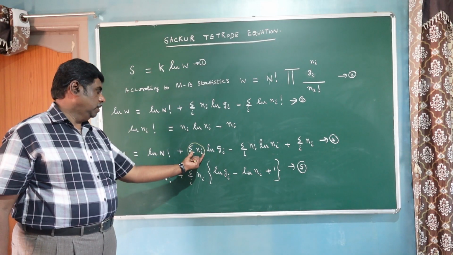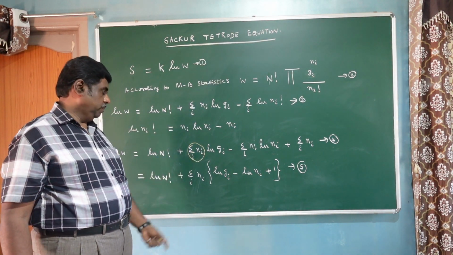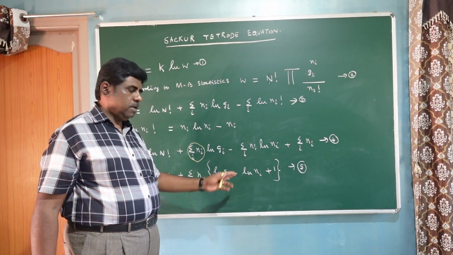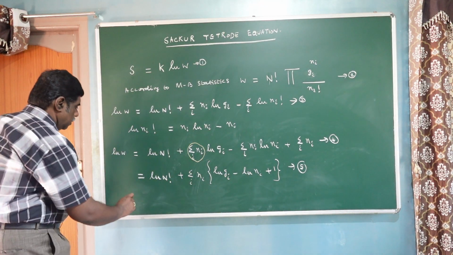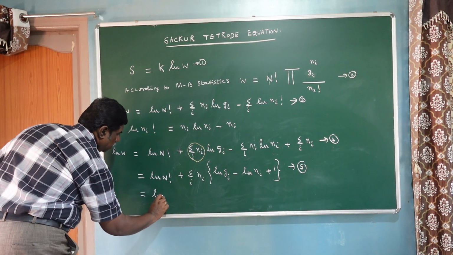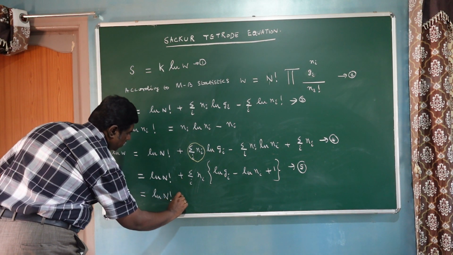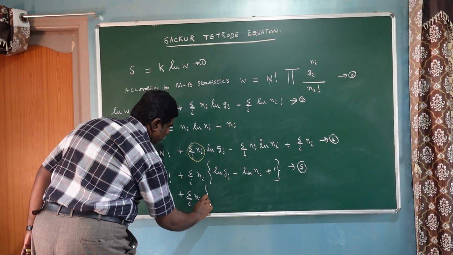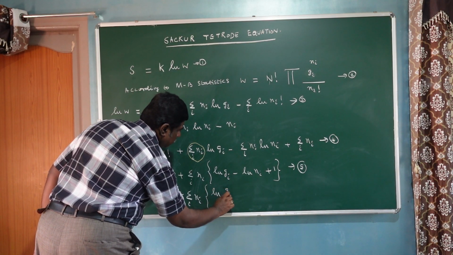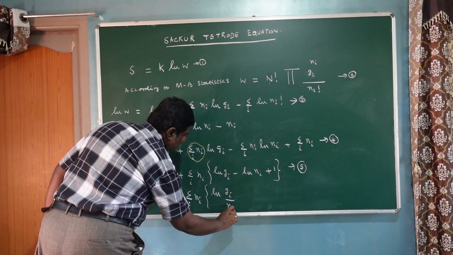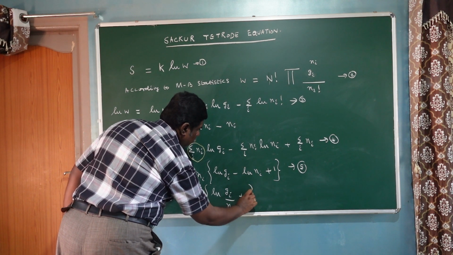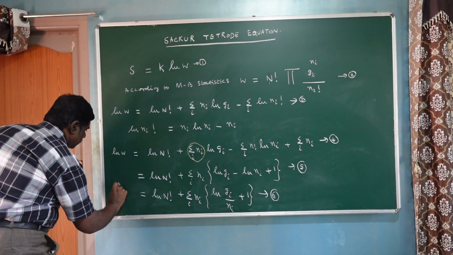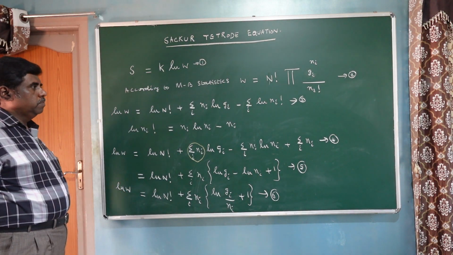Just we have taken out this one as a common term. See, this is in the form log A minus log B, which is log A by B. This is equal to ln N factorial plus summation over i of Ni (ln Gi by Ni plus 1). This is equation number 6. This is our ln W.